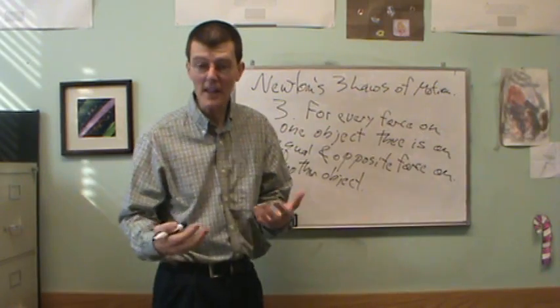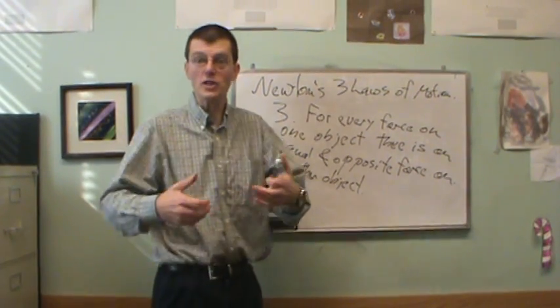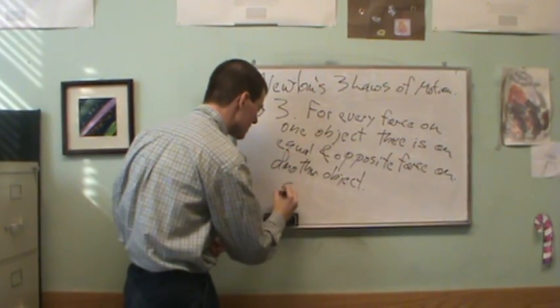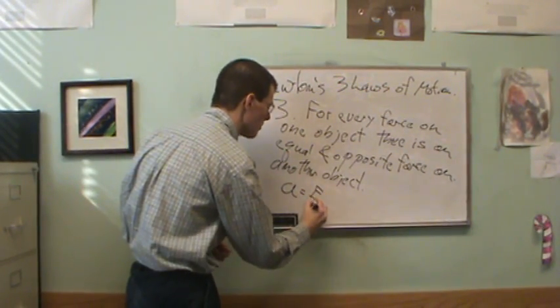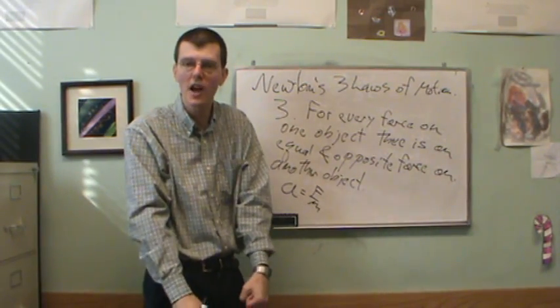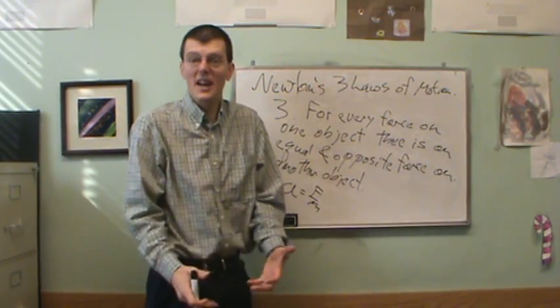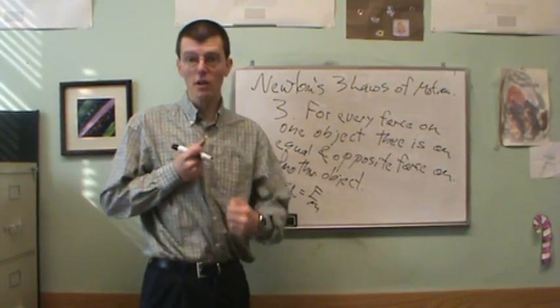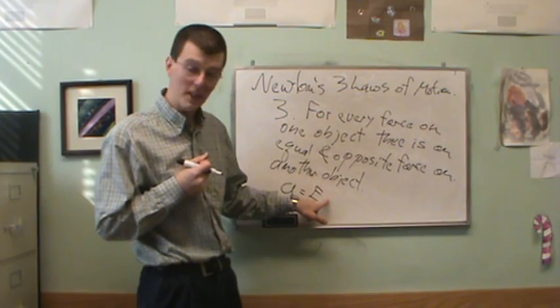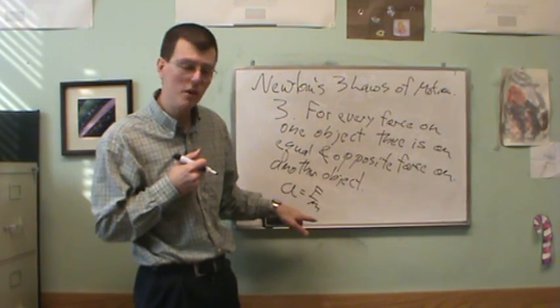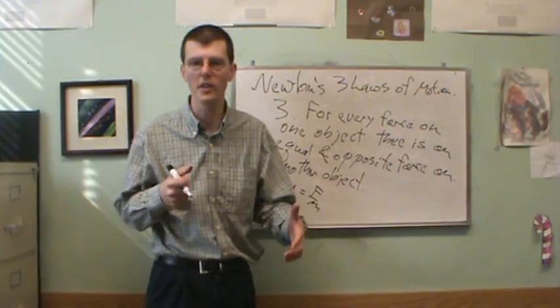Now the effect on me is huge because if I jump, the Earth's gravity causes me to accelerate downward. And remember, acceleration equals force divided by mass. My mass is relatively small, it's a big force, so I accelerate down toward the Earth a lot. Now when I jump, on the other hand, the force of gravity from me pulling the Earth up is the exact same as the force pulling on me, but the acceleration of the Earth is tiny because you take that force and divide it by the Earth's mass.